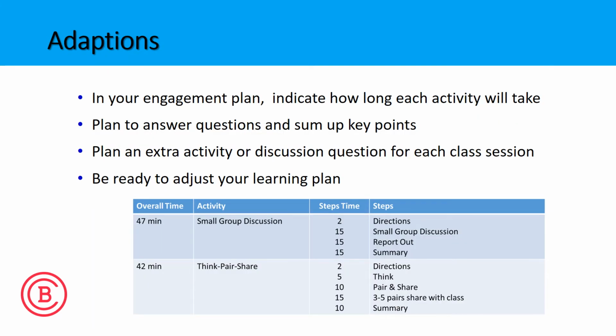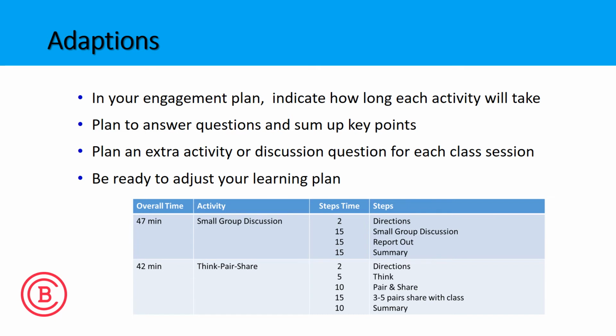The following questions will help you make decisions on the spot and adjust your engagement plan as needed. Having additional examples or alternative activities will also allow you to be flexible. A realistic timeline will reflect your readiness to adapt to the specific classroom environment. Here are some strategies for creating a realistic timeline. In your engagement plan, make sure you indicate how long the activity will take.